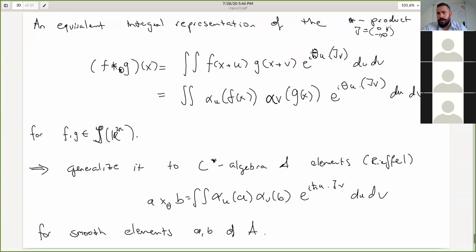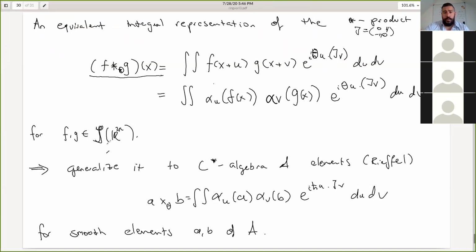The ones here depend on the dimension, and you can write it in this way. So it's just an integral representation of this very weird exponential thing.